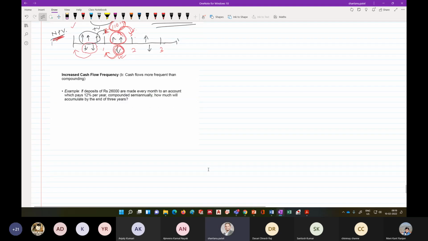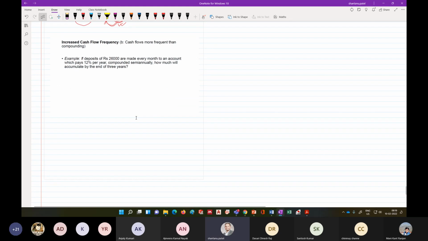Okay, so we have a simple example here. Can you just quickly solve this? The one of the five formulas that needs to be used here is F equal to A into ((1 plus i) to the power n minus 1) divided by i.